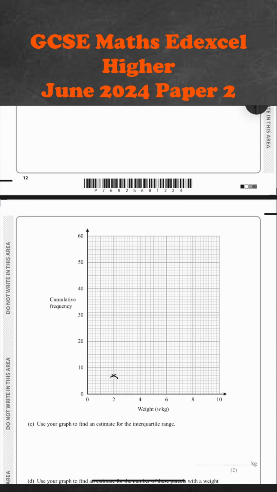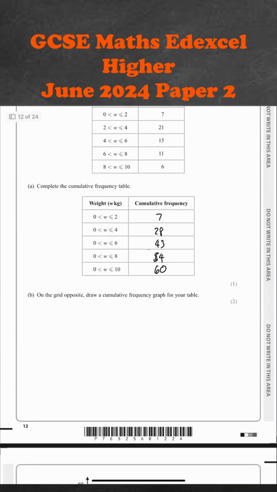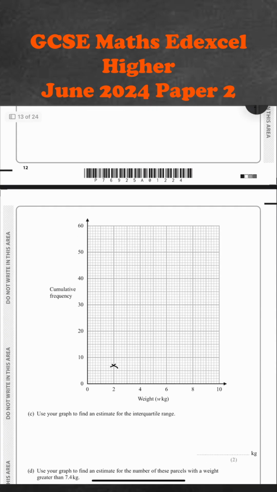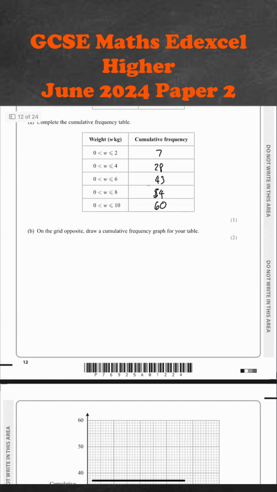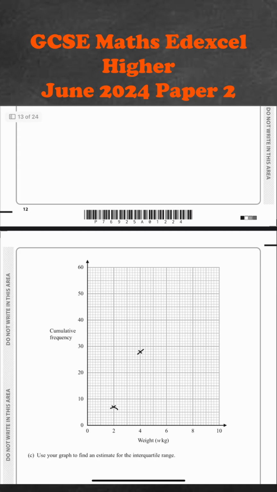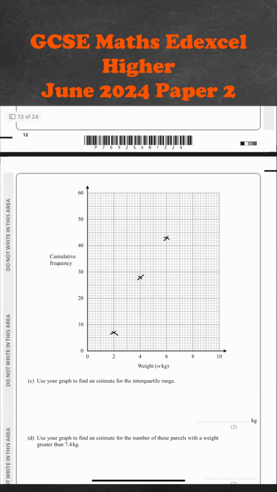Then for 4 kilograms, we're going to have 28 up here. 6 kilograms, we're going to have 43. And then we have 8 kilograms for 54. And then lastly, we have 10 for 60. And we're going to draw a nice smooth curve, just like that.